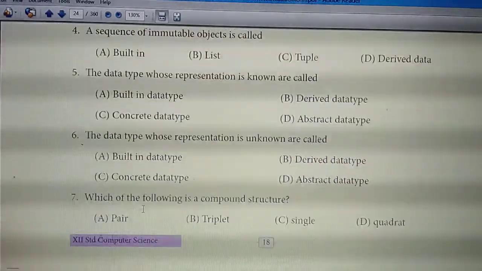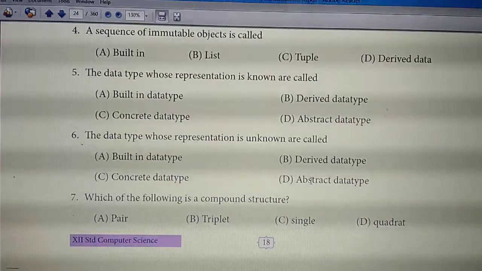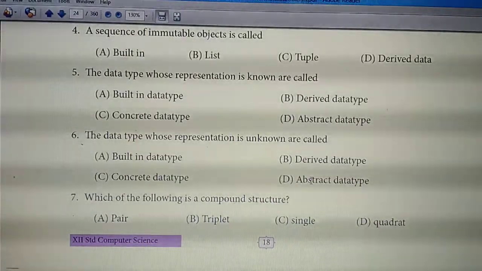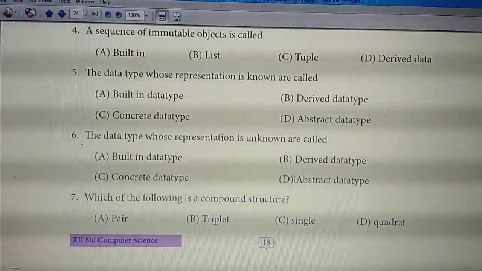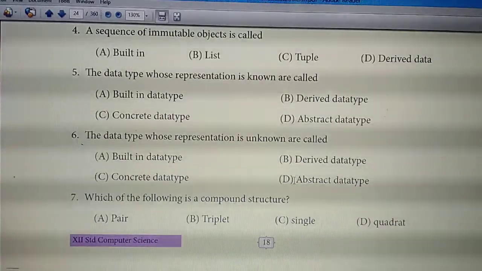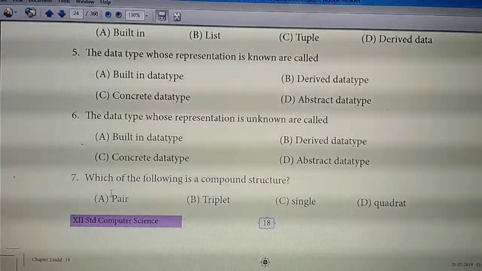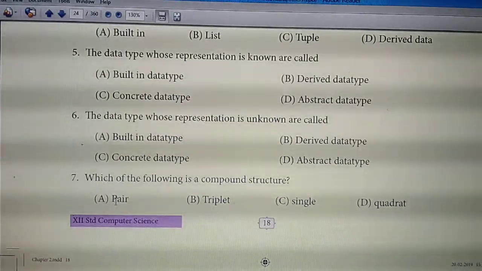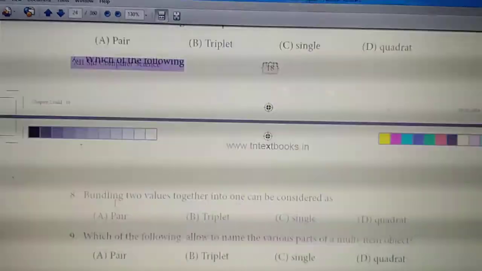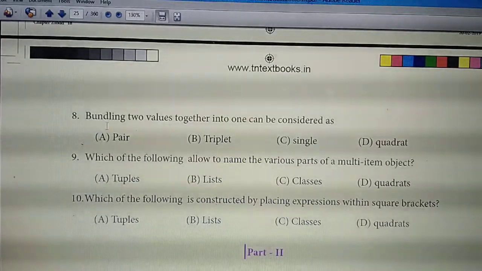Sixth question answer is option D, abstract data type. Listen carefully, then only you will be able to mark correctly. Seventh question answer is option A, pair.